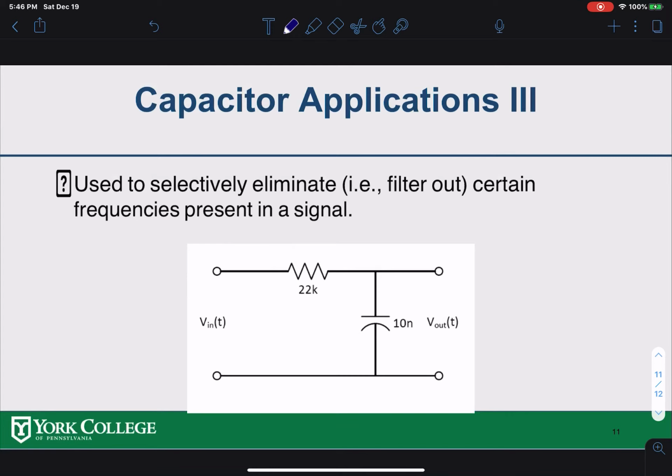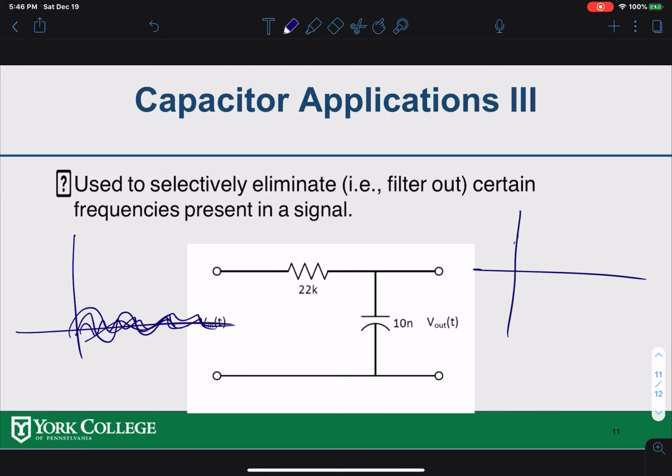So if you have a signal coming in that has all kinds of frequencies, high and low, but you only want the low frequency output, then at the output you only have the low frequency coming through, and all the high frequency will be blocked, because it would be short circuited through this capacitor.